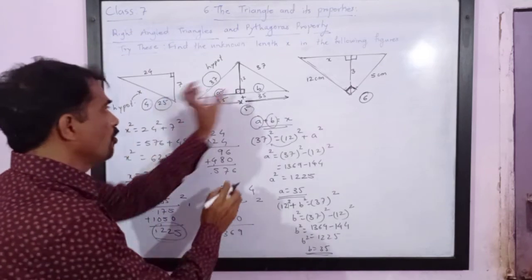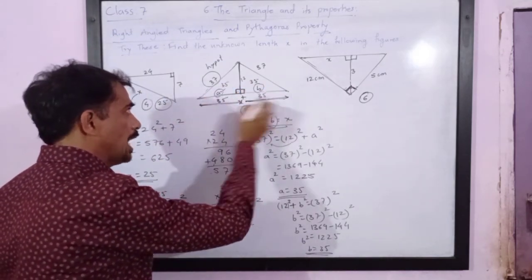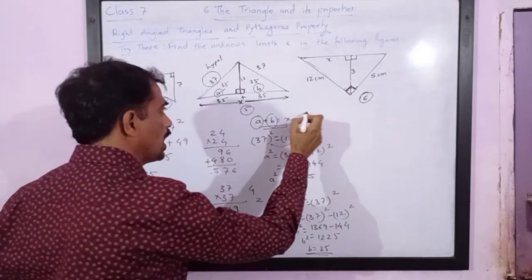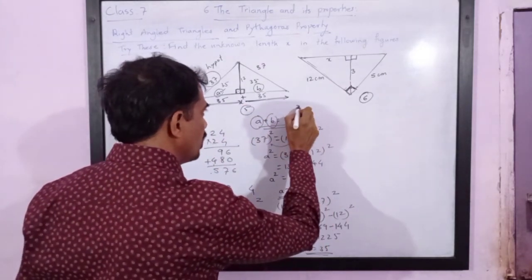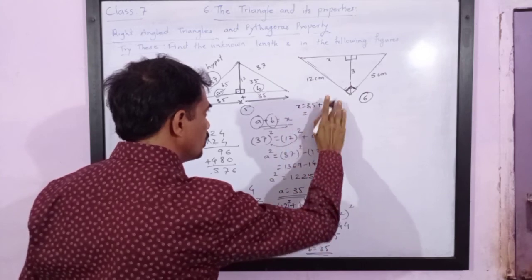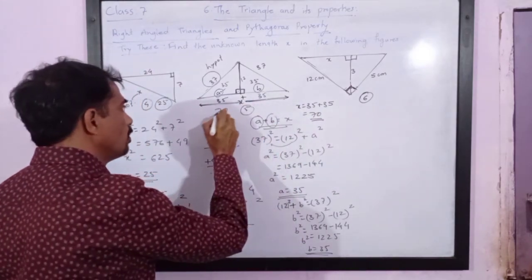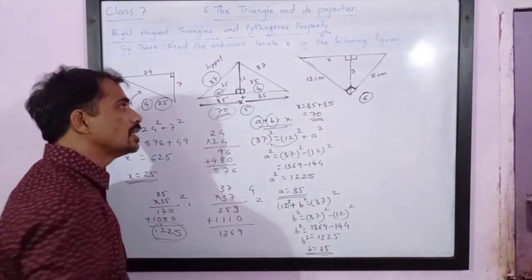Please note, you have found this 35, and this side is also 35. It means the total x will be a plus b, so x will be equal to 35 plus 35, that is equal to 70. So in this case the value of x is 70.